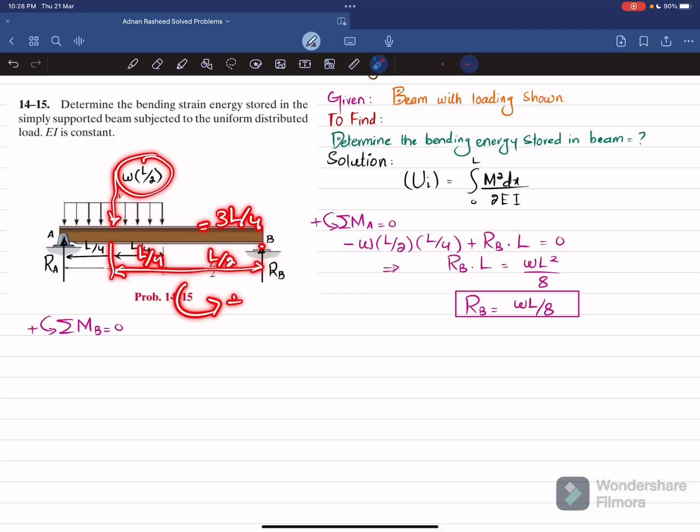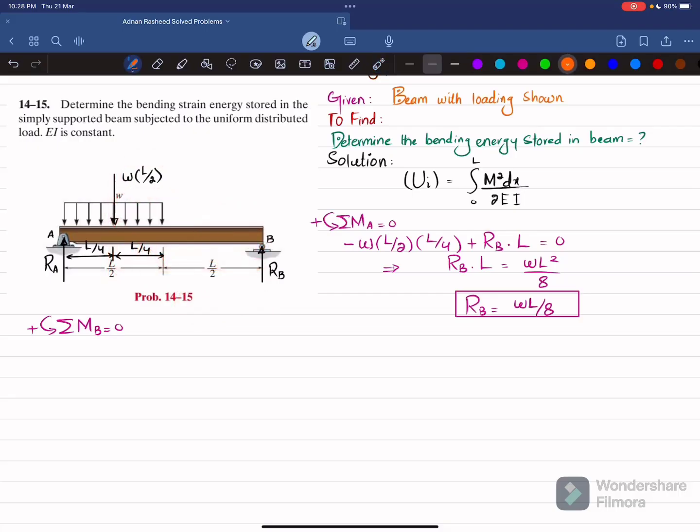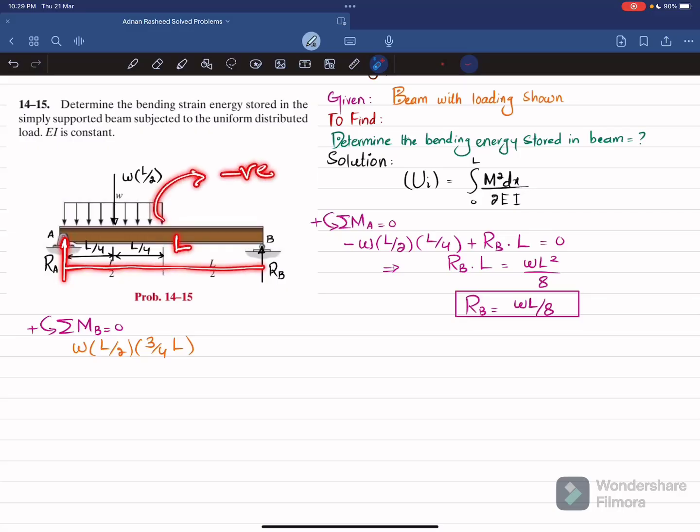And this is producing counterclockwise moment, so it will be positive. So I will write W into L by 2, and perpendicular distance is 3 by 4 times L. The second moment is produced due to RA, and perpendicular distance is L, and this is producing clockwise moment, so it will be negative. So I will write minus RA into L is equal to 0.